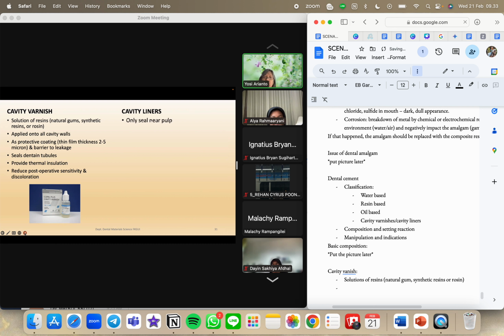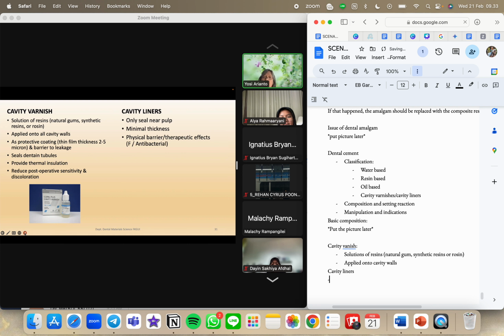Cavity liners are only used to seal the dentin near the pulp. They have a minimal thickness, a physical barrier with antibacterial or fluoride. So they have a therapeutic effect.